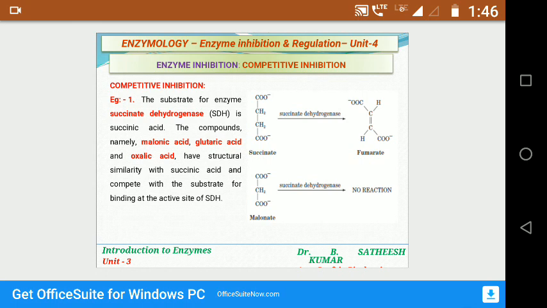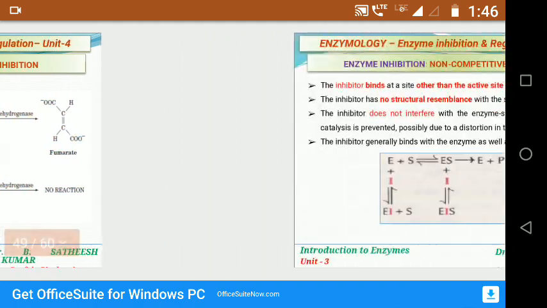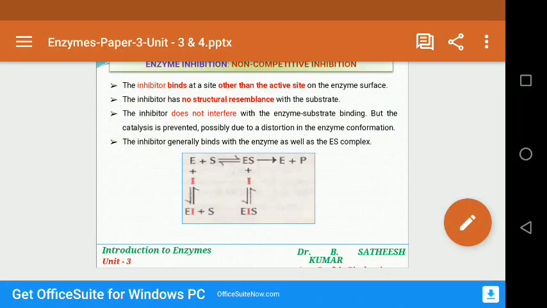These three are structurally similar to succinic acid, but the enzyme cannot catalyze the dehydrogenation reaction. So once one of these molecules binds to SDH, it acts as an inhibitor and stops the reaction.